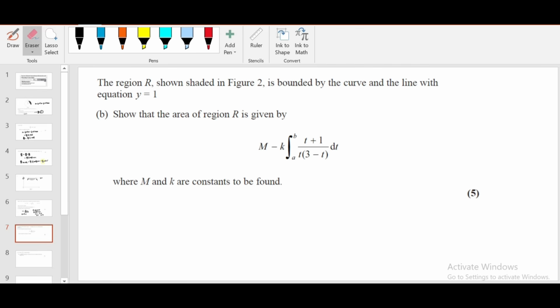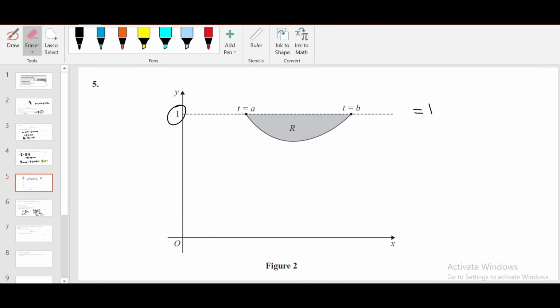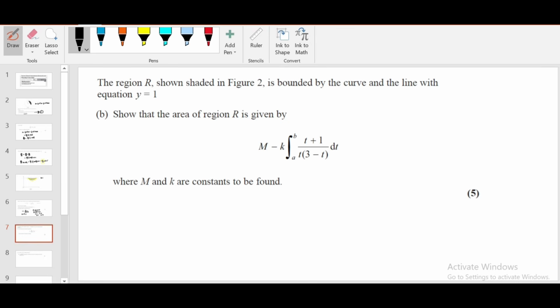Now part B. The region R shown shaded in the figure is bounded by the curve and the line. As you can see here, this region is bounded by the curve and the line. This line is y is equal to 1. Show that the area is given by this formula, m minus k. Think about it.